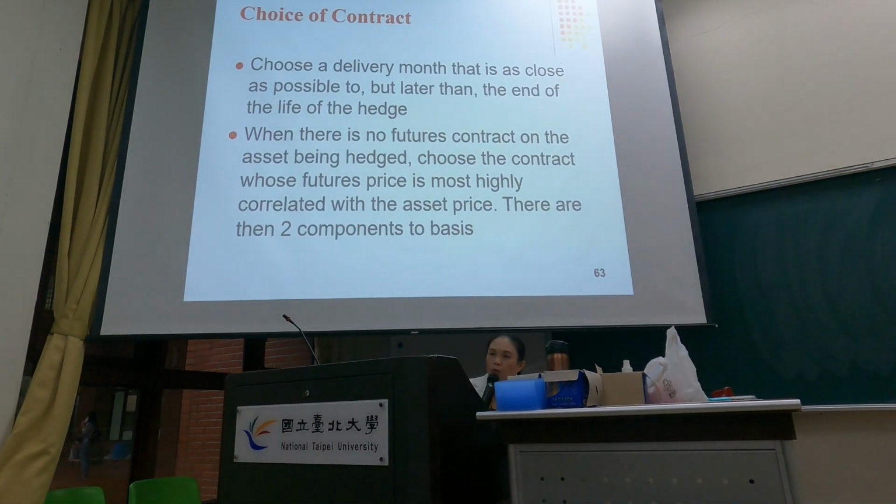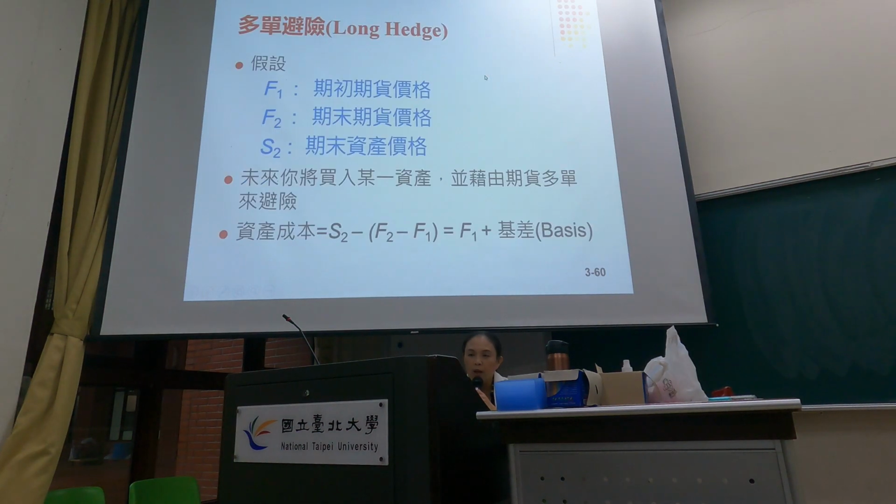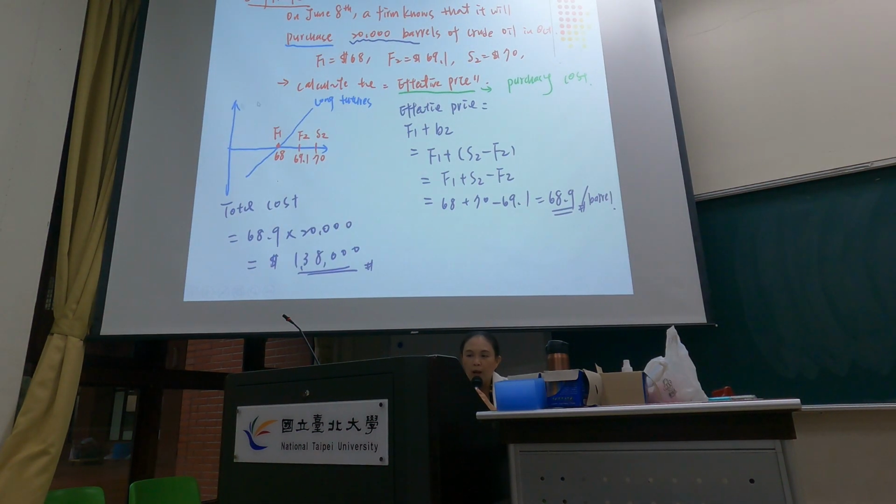We want to continue to talk about how we use futures or forward to hedge, okay? The previous two examples, you see, we have a long hedge and short hedge, right? In the first one, you are actually hedging with exactly the same products, like crude oil, okay?